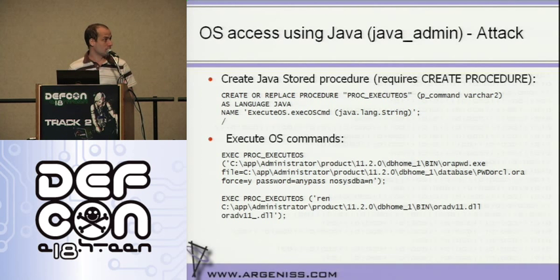So we could execute this statement to overwrite the sys password as any pass and to enable sysdba access, or we can use this other statement to rename the DLL file to disable database vault.